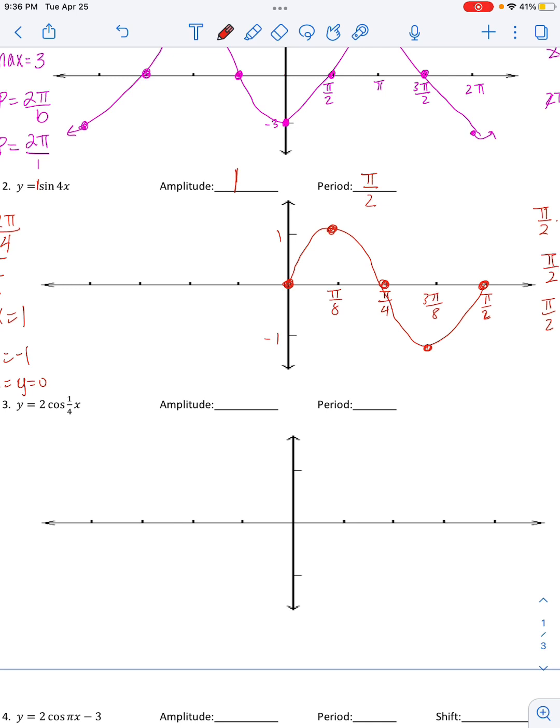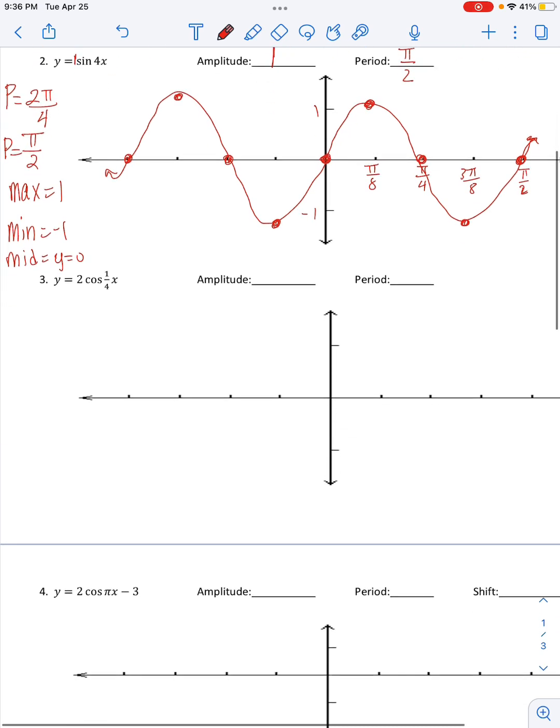And then if you want to continue it on the other side, we're now going to go down to the minimum, to the midline, to the maximum, to the midline. And your graph should look something like this. Okay? All right.